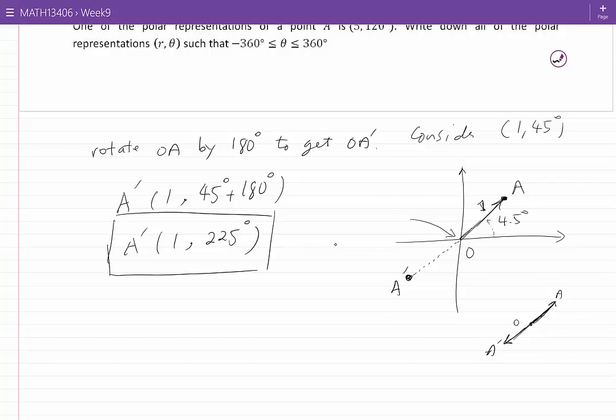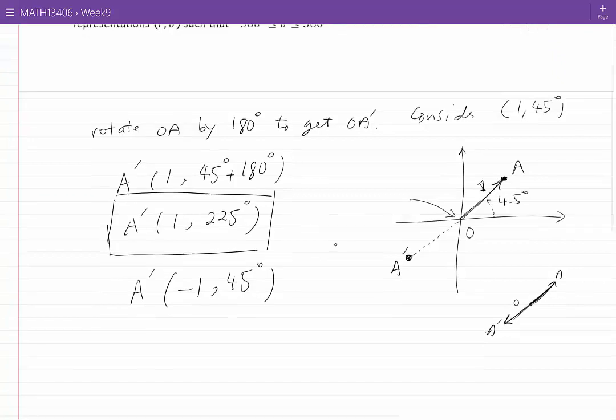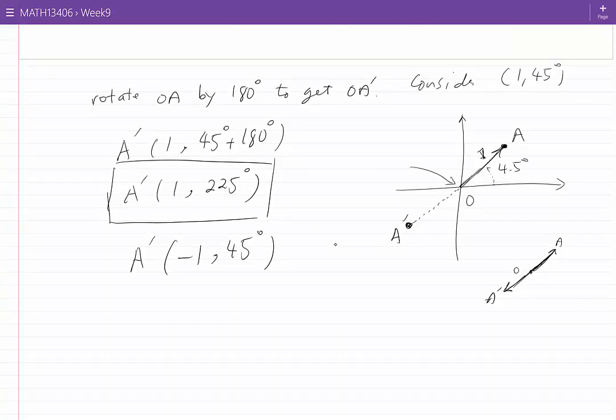If we think of OA prime in this way, then we can show the point A prime as minus 1 because it is flipped through the origin with the angle of 45 degrees still. So we do not rotate the vector OA, therefore we do not change the angle, but we flip OA through the center of the coordinate system to get OA prime. That's why we would have to flip the length, which is 1, to minus 1, which is the length of OA prime.